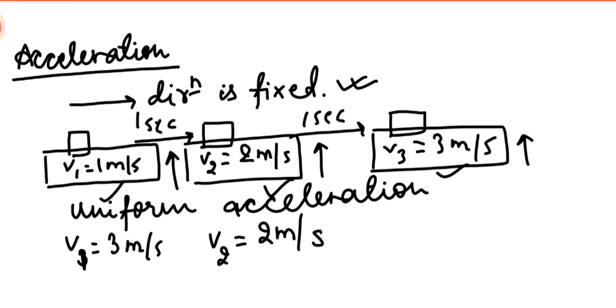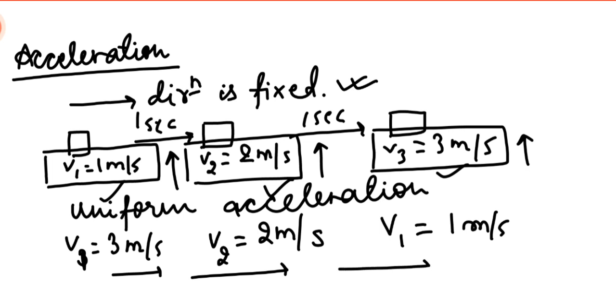And after 1 second, the velocity becomes 1 meter per second, and so on. Now here also the velocity is changing. In the earlier case the velocity was increasing, but in this case the velocity is decreasing. So this is also an example of uniform acceleration.